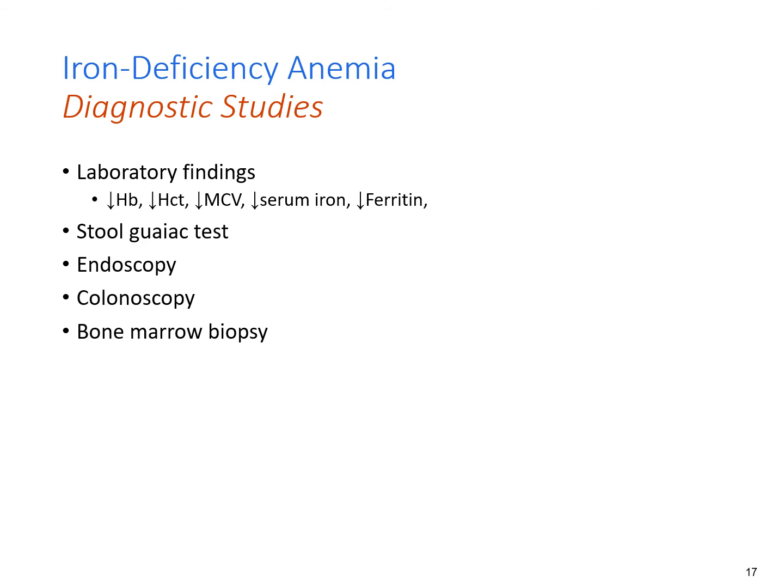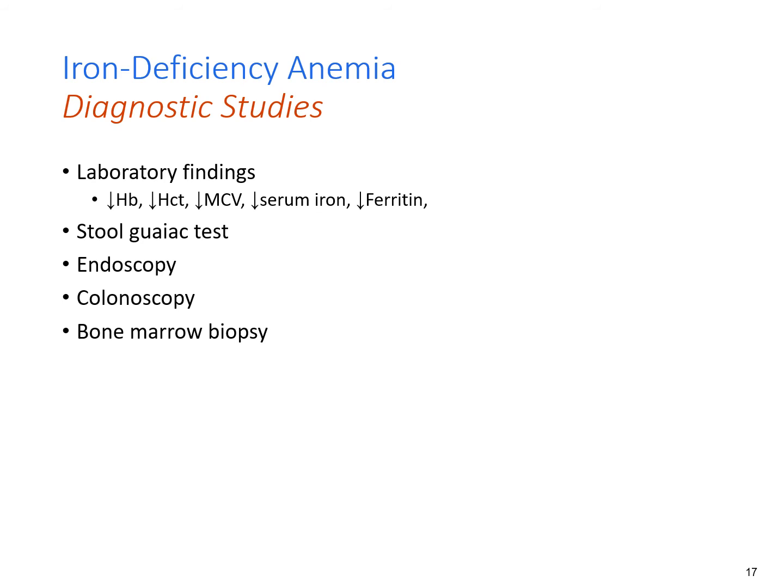You have a couple of diagnostic studies that you need to be looking at under iron deficiency anemia. You are going to be looking at hemoglobin, hematocrit, MCV, serum iron, as well as ferritin. The short answer is all of them are decreased, right? So decreased hemoglobin, decreased hematocrit. Your MCV is the size of the erythrocytes, so when you do not have enough iron, your erythrocytes are going to be small.